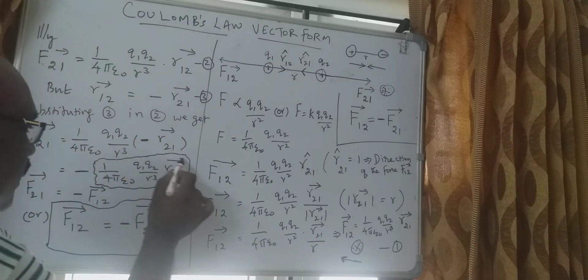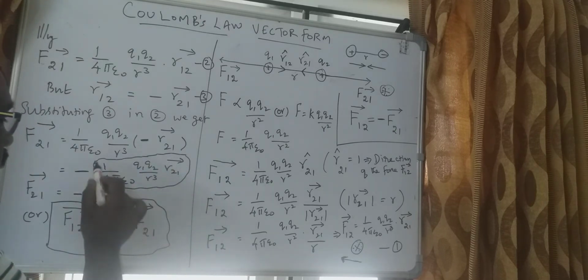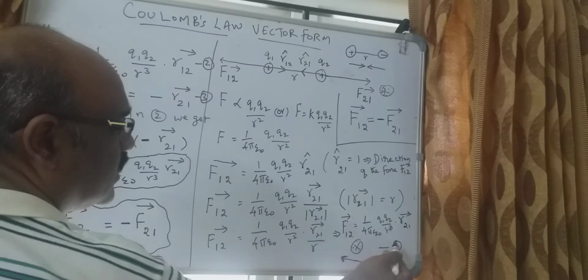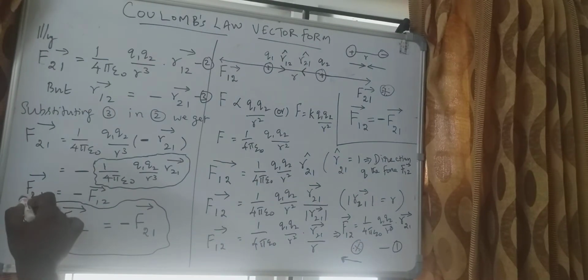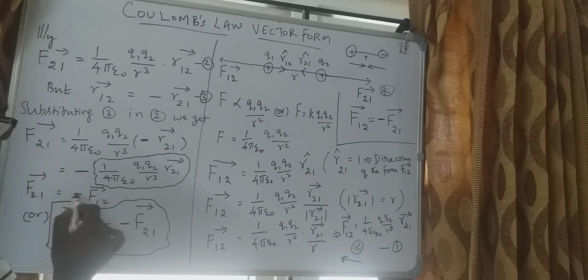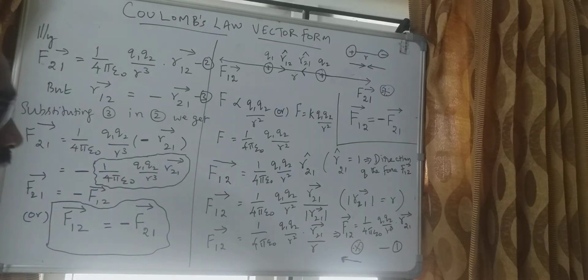Now take this term alone, which is nothing but the first equation. That means F21 in vector notation is equal to minus of F12, or I can again rewrite this as F12 vector is equal to minus of F21.